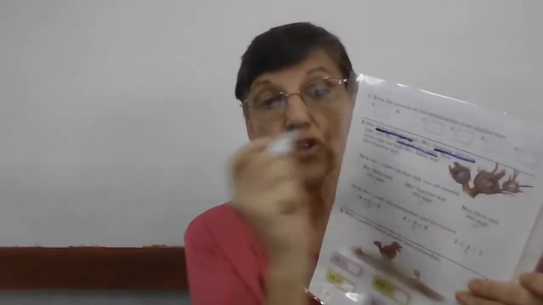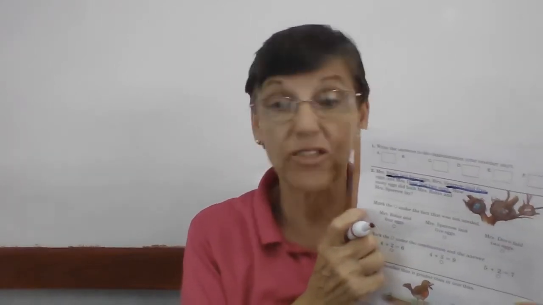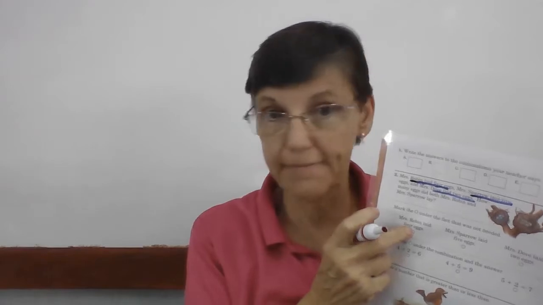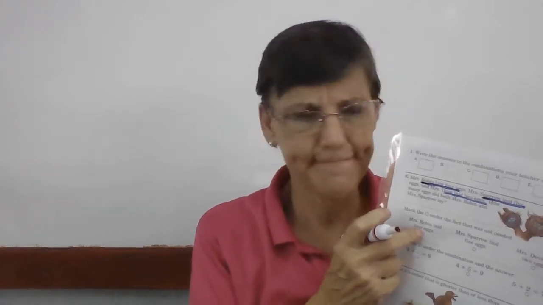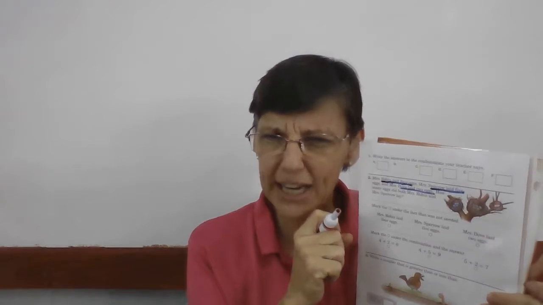Take your pencil and circle the ones you're going to need. Now, there's some information you don't need, right? It says mark under the fact that we did not need. You circled 2 of these because those are the things they asked you for, but something is extra there.